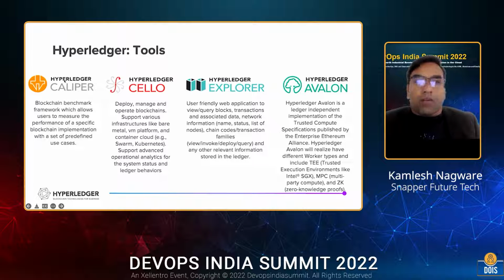Caliper also makes heavy use of DevOps and scripting frameworks like Docker, Kubernetes, Python, or shell scripting to do automated load testing. Then Cello is a deployment tool to deploy the blockchain network across platforms, containers, cloud, Swarm, Kubernetes, or on-premise.